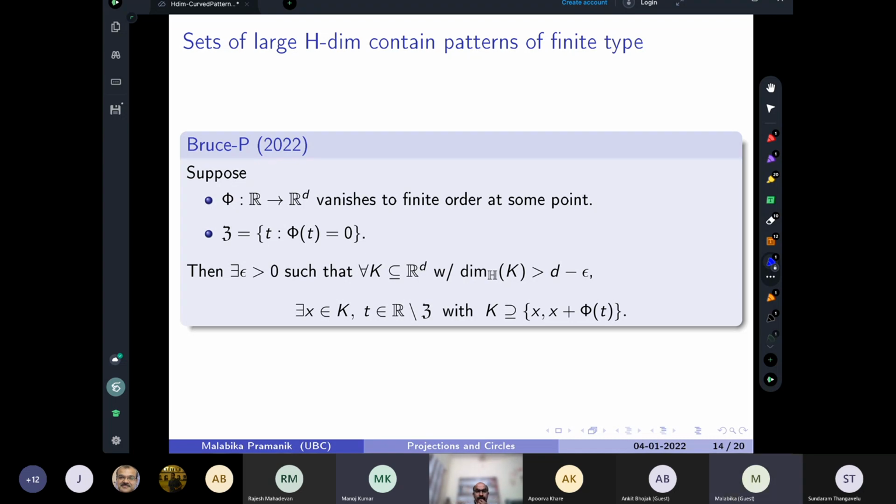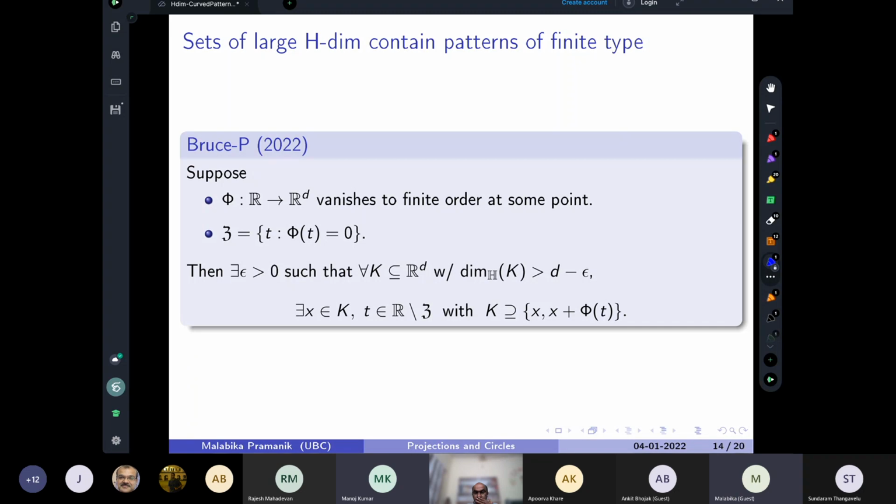Then we find an absolute constant epsilon such that every compact set K in dimension D whose Hausdorff dimension exceeds D minus epsilon must contain a two-point configuration of the form x comma x plus phi of t, where phi of t is non-zero.